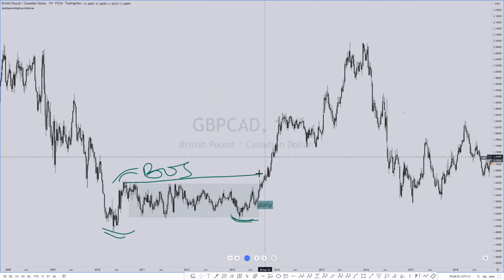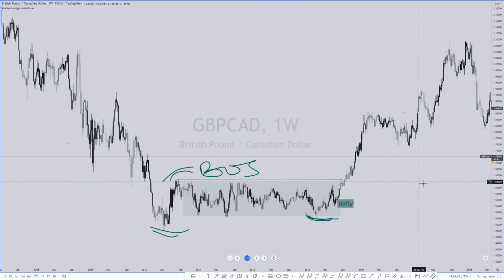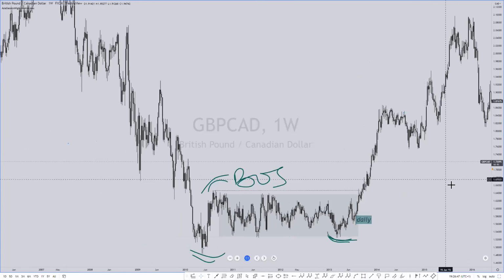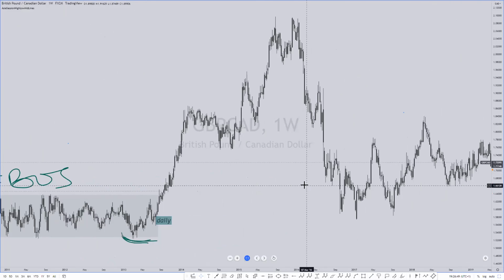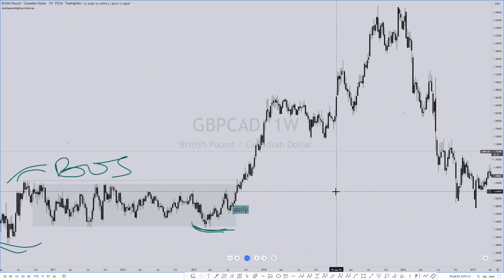Now, after the market breaks out of our external liquidity here, the next time frame structure that was formed, all these are range structure.